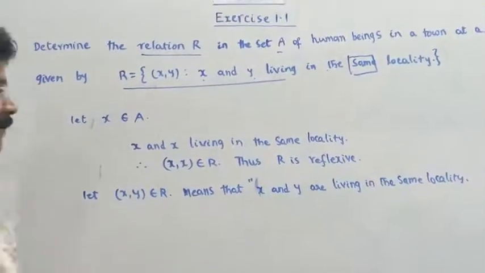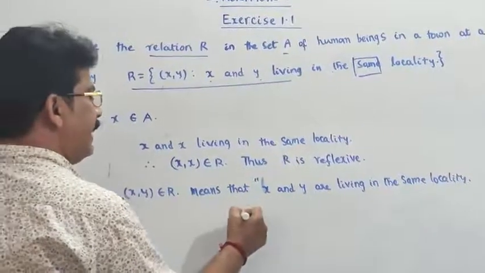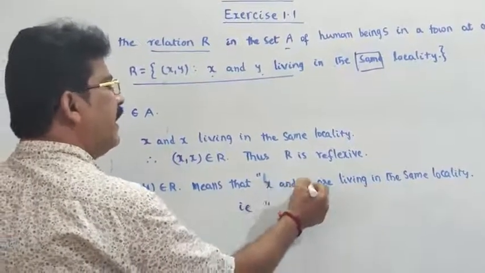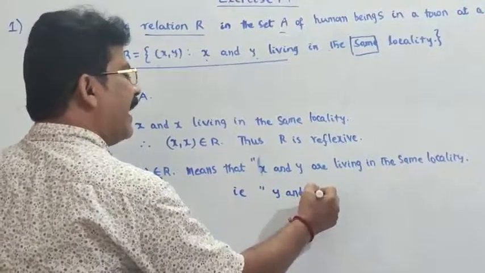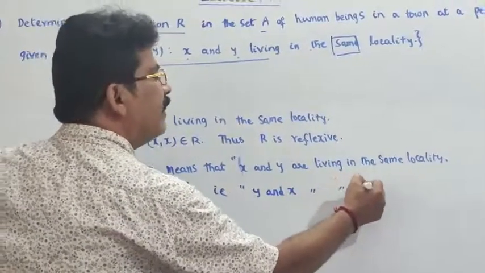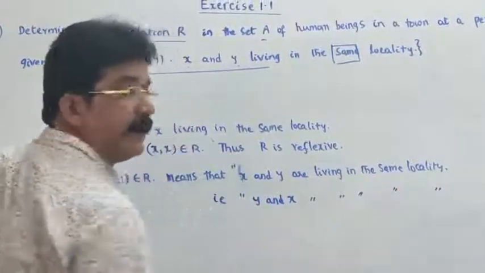So in English we can write that Y and X are living in the same locality.